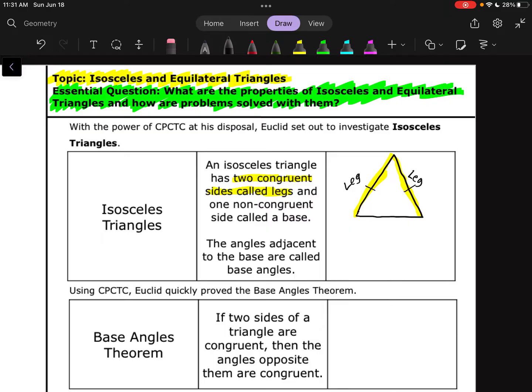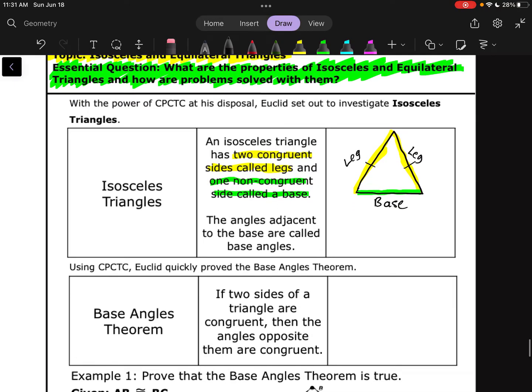And then one non-congruent side is called a base. So the side that's not equal to the other ones is our base. And the angles adjacent to the base are called base angles. So those two down there are our base angles.